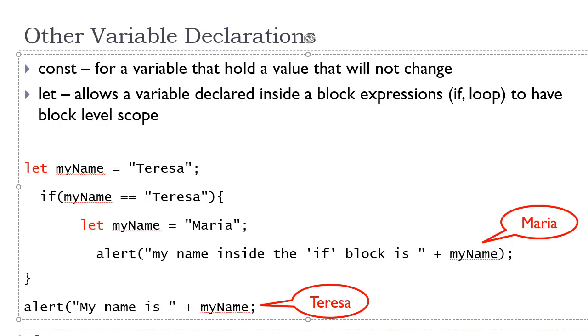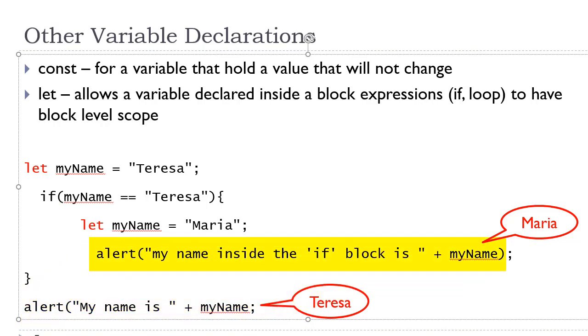So in this example, I have an alert outside the if statement, which we have not covered yet, and the value of that variable will be Teresa, because Teresa was declared with global scope, even though it was declared using a let.